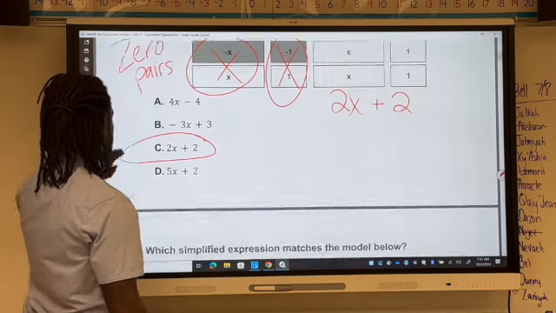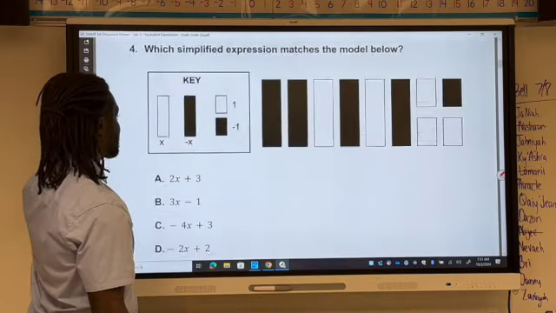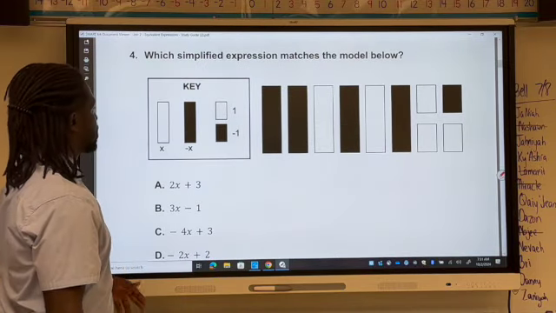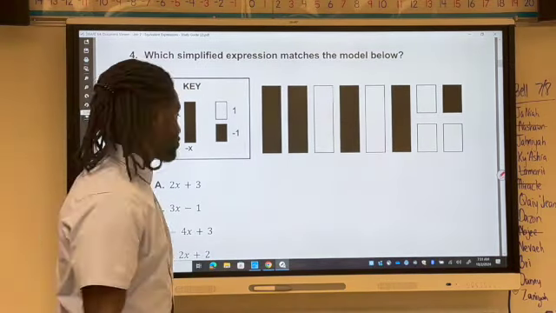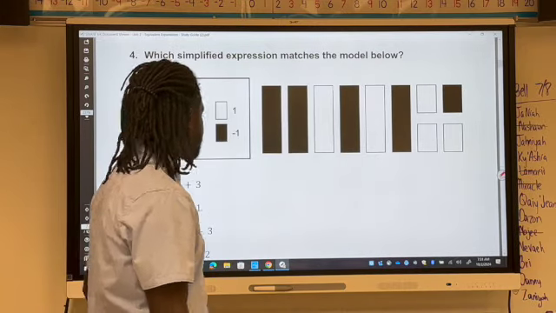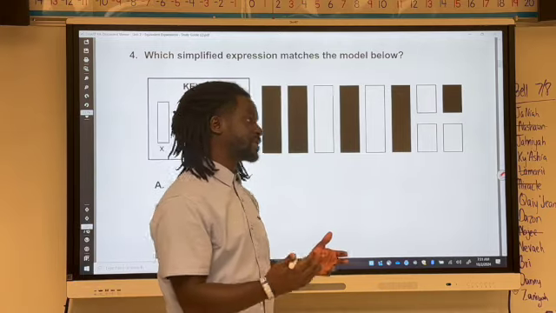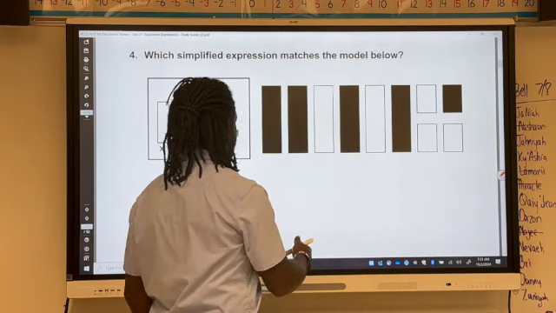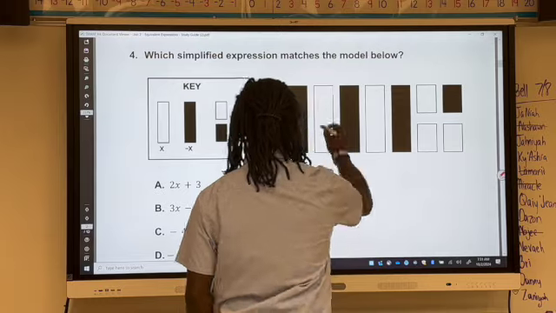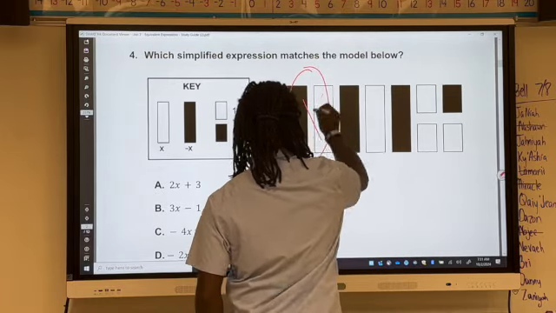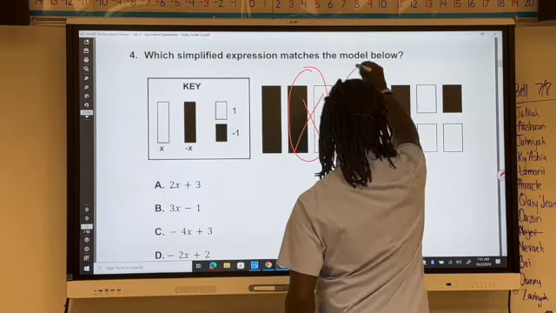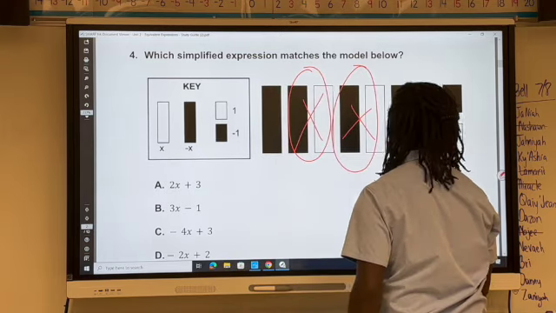All right, moving on. Same thing here, okay? Again, we're simplifying this expression, so I want to look for 0 pairs, okay? And just remember, in order for it to be a 0 pair, it doesn't have to be side by side, okay? It just needs to be a positive and a negative, all right? And so these two are a 0 pair, these two are a 0 pair, okay?